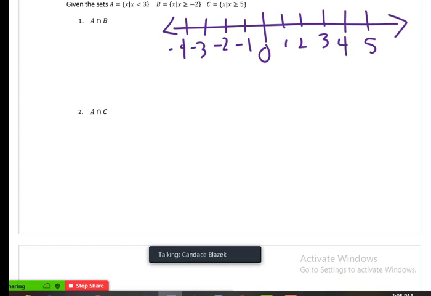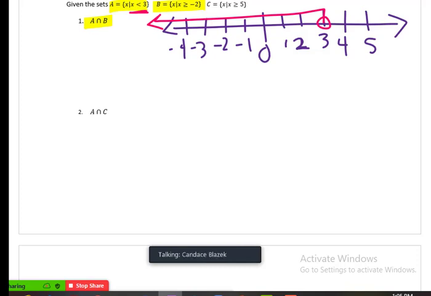Now the first thing, since I'm looking at A intersect B, I'm going to look at the sets A and B. And I'm going to use a line to describe each set. So the first set is that X is less than 3. Now, less than 3, I am going to use an open circle, because we don't include 3, and my line goes to the left because it's all of the x values that are less than 3.